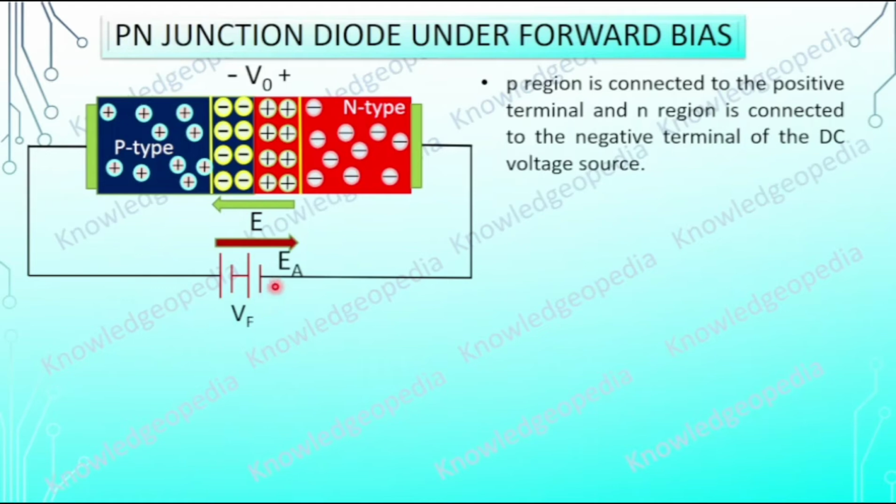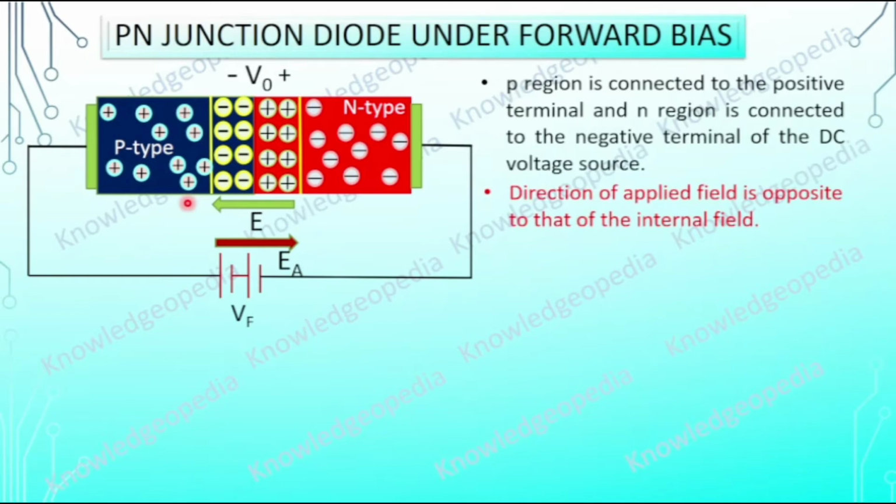I have taken that as EA, the applied electric field. Here this is the positive side, this is the negative side, and hence the direction of the applied electric field is from P side to N side, while the electric field direction due to the potential barrier is from N side to P side. That means the direction of the applied electric field is opposite to that of the internal field.